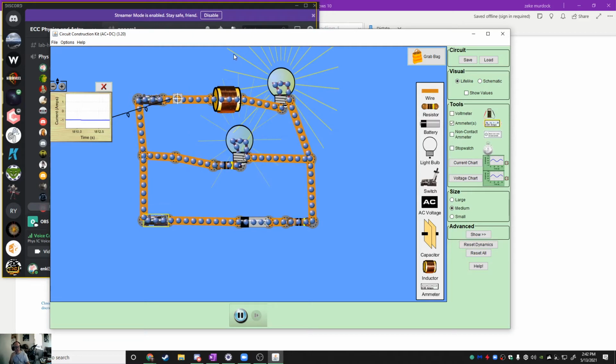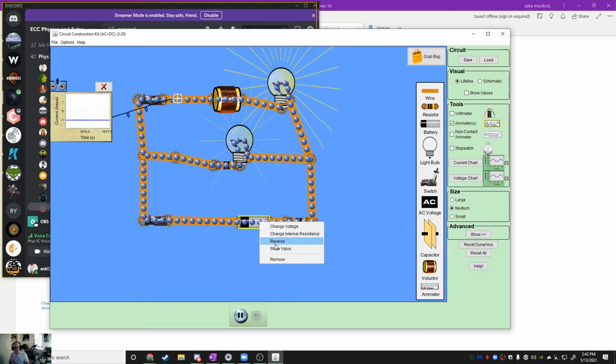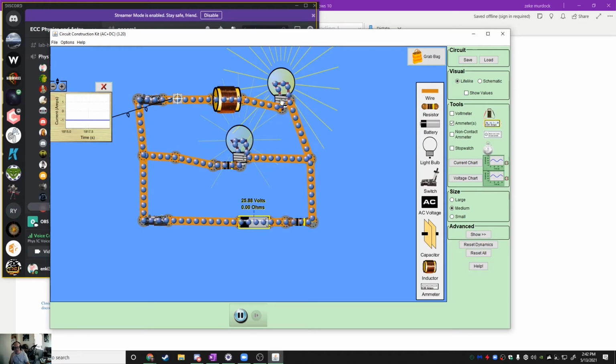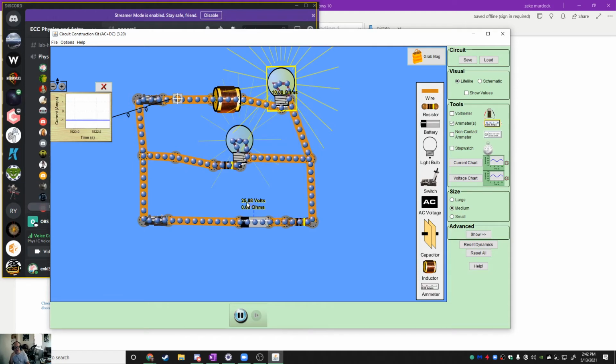Okay. Once the magnetic field has reached its maximum value, we've got a voltage, right? And our upper circuit has a resistance. So at some point, you're going to have 25.88 divided by 10 flowing through this top circuit right here. You're going to have 2.6 amps, right?